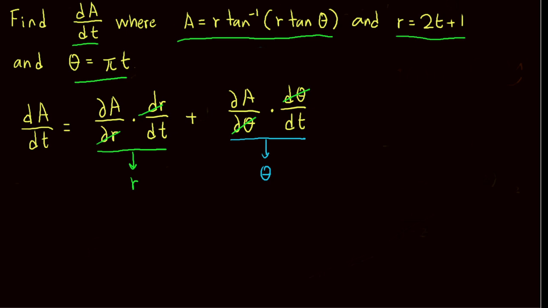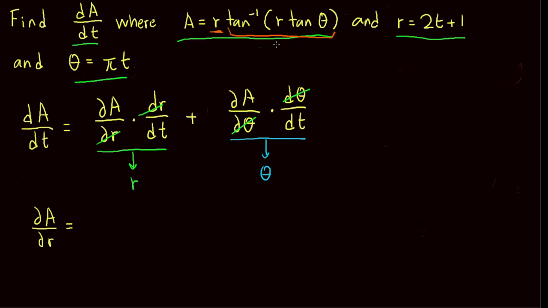Let's proceed. Let's try to find del A over del R. It is a bit different because you have two parts here. Let me use orange. You can see that we have one part of R right here and another part of R in the inverse tan function.